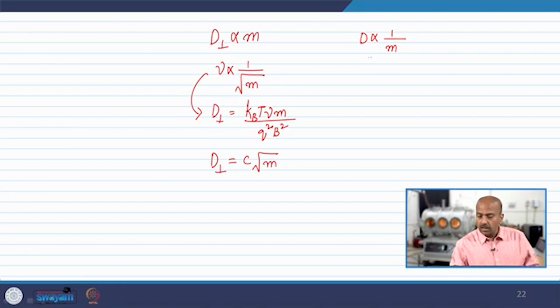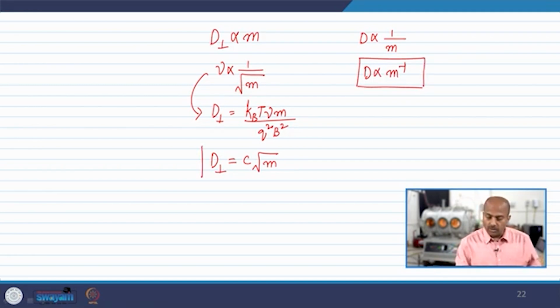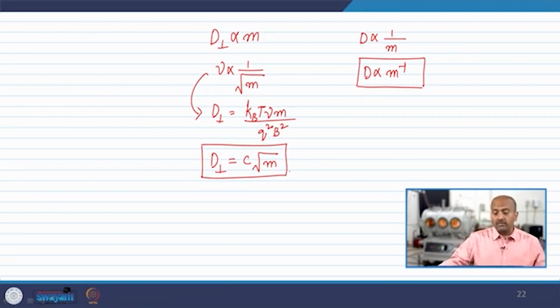But in this case it is still the same, D is proportional to m power minus 1. So, this is the key difference that you see in the diffusion coefficient in terms of mass, or the dependence of diffusion coefficient on the mass.